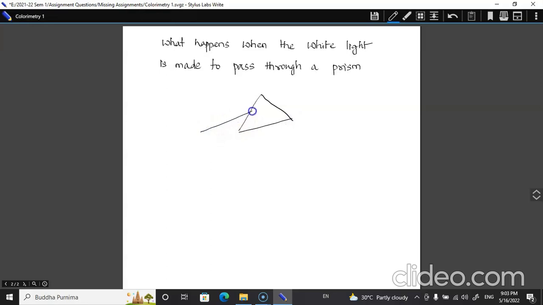Now white light is made to pass through the prism, and it will split into its 7 component colors. This phenomenon is known as dispersion of light.